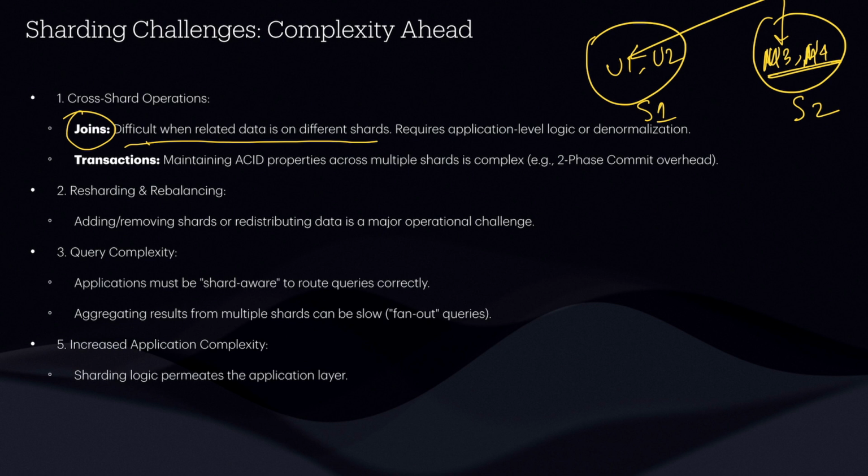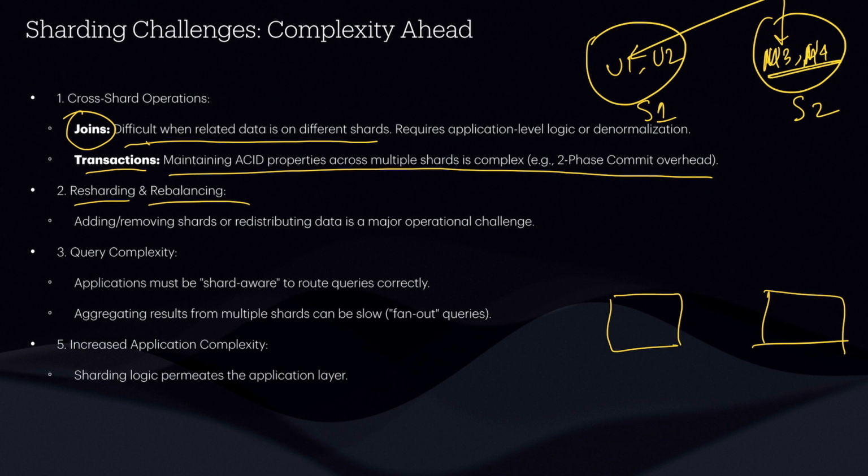The ACID guarantees, especially atomicity guarantees, are very weak in this case. There are, of course, workarounds there, which we can talk about later. Then for transactions, as I said, the ACID properties are very difficult to maintain. Then resharding and rebalancing, this is very important. As I was talking about the hotspots, let's say one shard is way more used compared to another shard.